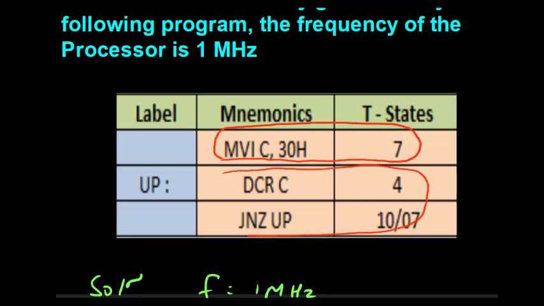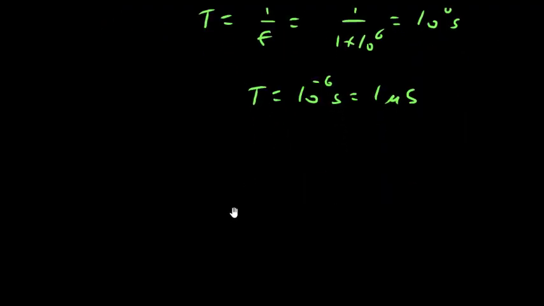We have to calculate both things separately, and then of course we will add them, so we get the required time delay. So let us see how we do the calculation. Total delay equals delay outside plus time delay inside. So this is T out, meaning delay outside the loop, and T in means delay inside the loop.